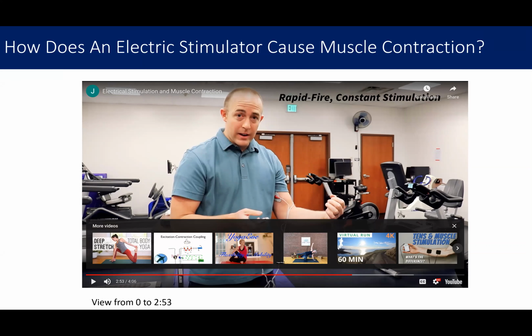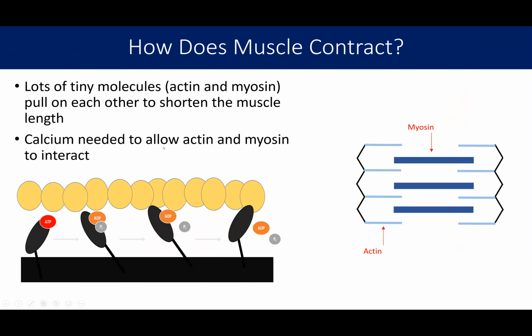So I'll walk you through some of the main ways of muscle contraction. Hopefully this is review. It's okay if you've forgotten it, but it should sound at least a little familiar, and you'll read more about this in the textbook. Muscle contraction happens with lots of tiny molecules, actin and myosin, interacting. The myosin is this part here, shown in a lot of different orientations.